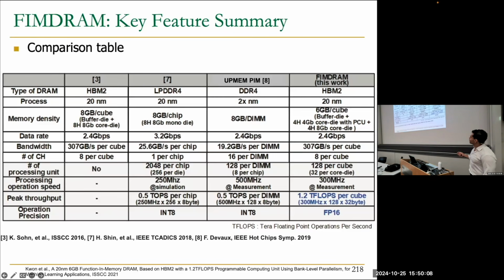But overall, because of the available parallelism, they achieve quite high peak throughput per cube, 1.2 teraflops per cube. And since they are targeting neural network inference, they support floating point operations, while the UPMEM PIM chip mostly supports integer arithmetic operations.